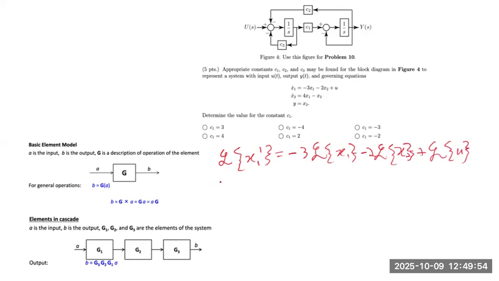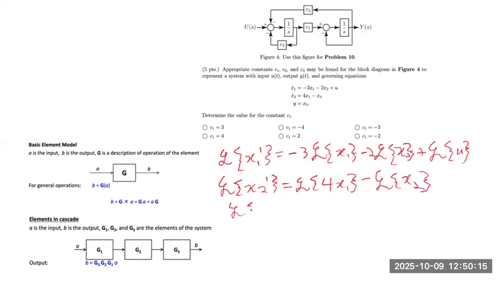And Laplace of x2 prime is equal to Laplace of 4x1 minus Laplace of x2, and Laplace of y is equal to Laplace of x2.